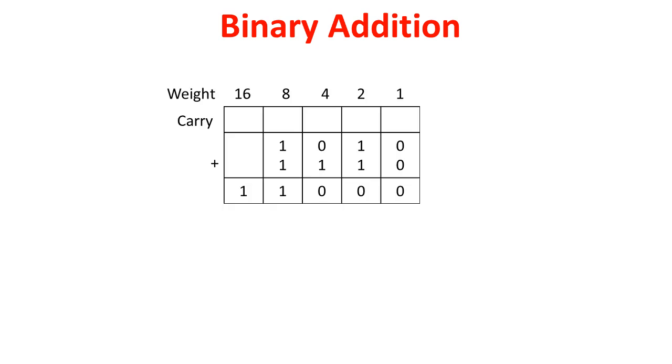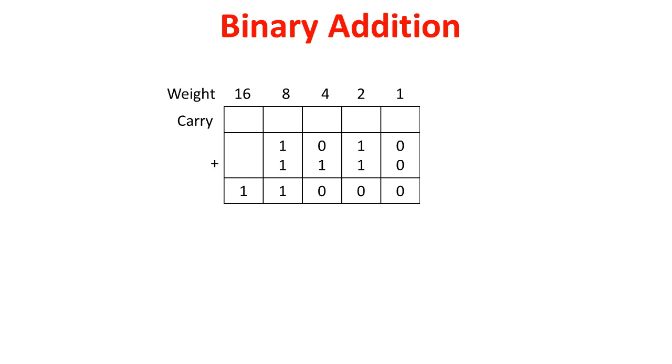Let us do this binary addition. As we do decimal addition, the rules are almost the same. We have to start from the right side. The two numbers are 1 0 1 0 and 1 1 1 0. So let us start the calculation.